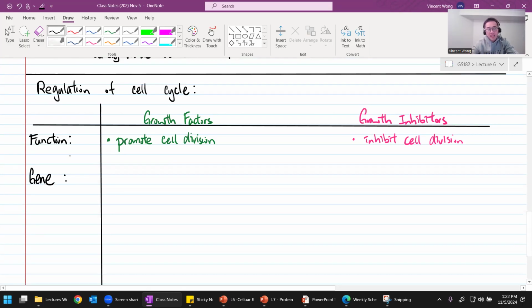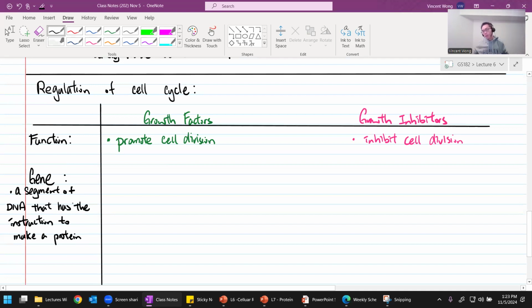Now, as I said, these are proteins, and to make proteins, you need the instruction from the DNA, right? So that's what a gene is. If you forgot, a gene is basically a segment of DNA that has the instruction to make a protein.